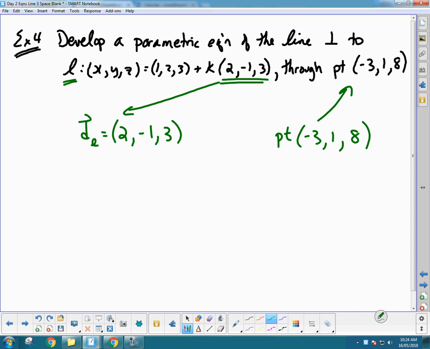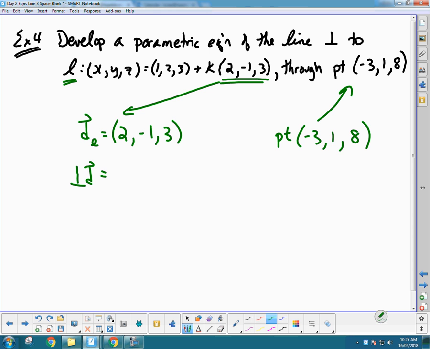And so our line isn't the same as that. I could have asked for one that's parallel to this, and we just use the same direction vector, but I'm asking for a perpendicular direction vector. And so we'll use our little shortcut from last unit to pick two of them, switch them, make one of them negative, and make the third component 0.